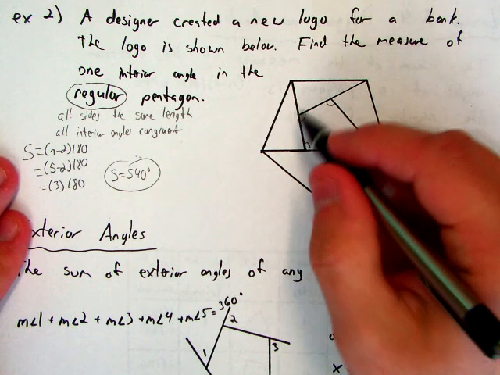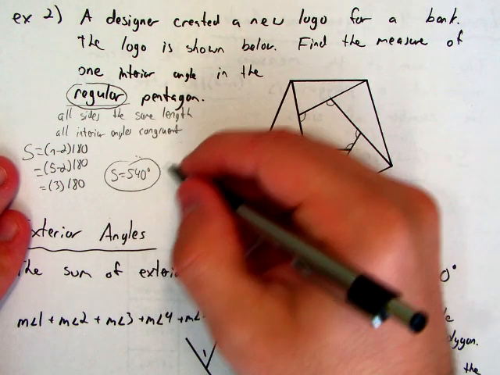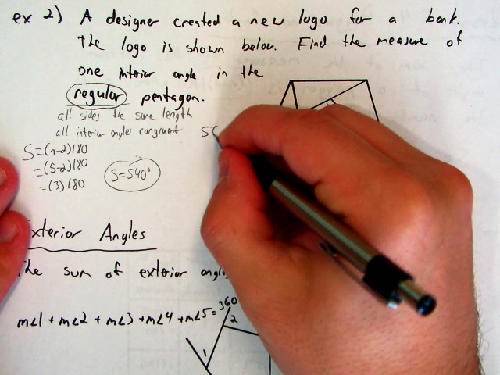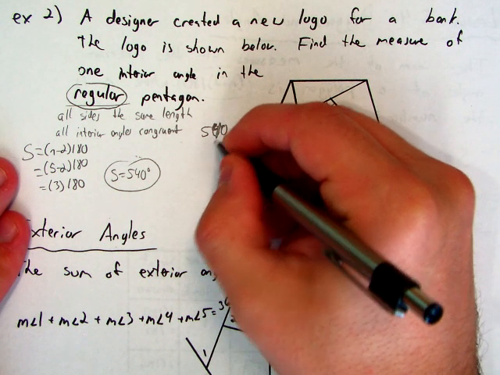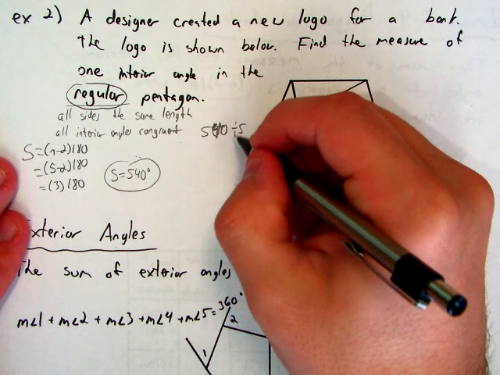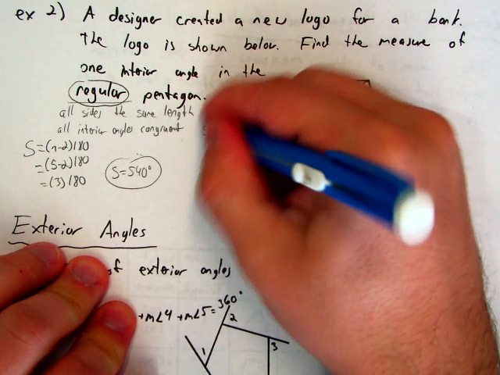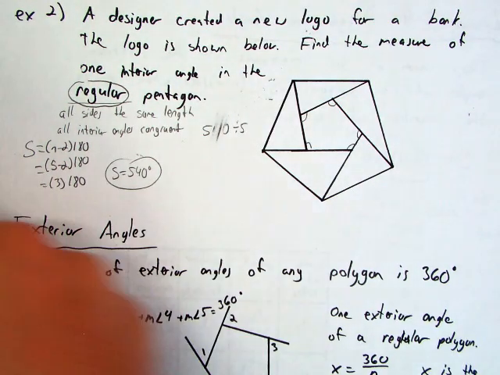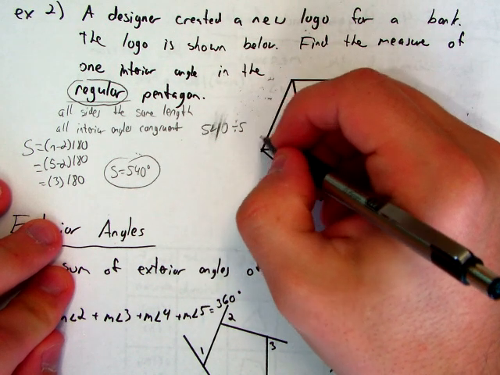And if they're all the same, because it says regular, we can take this number here, 540, and we can divide that by 5, because if all of the angles added together is 540 degrees, and each angle is exactly the same, we can simply divide the sum of the angles by the number of angles.